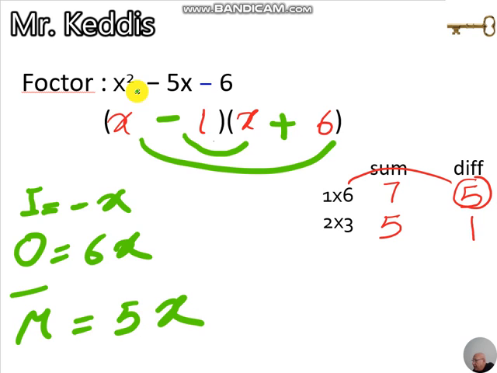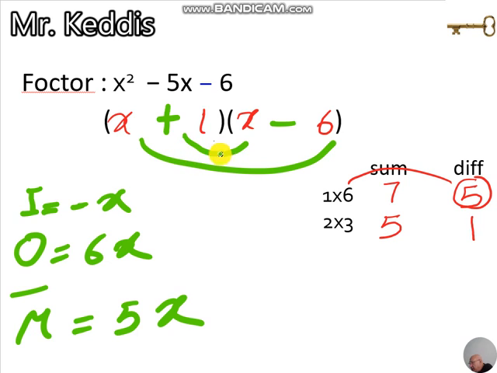But the sign here is negative, which means this is not correct. How do I correct this issue? All I need to do is switch the signs. The negative became positive, and the positive became negative.